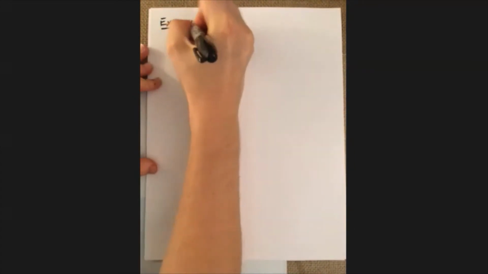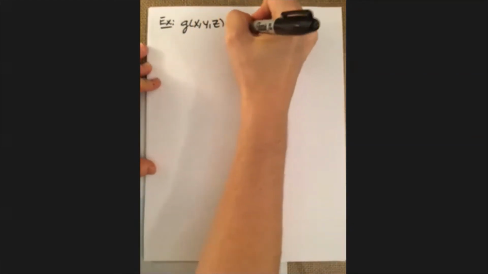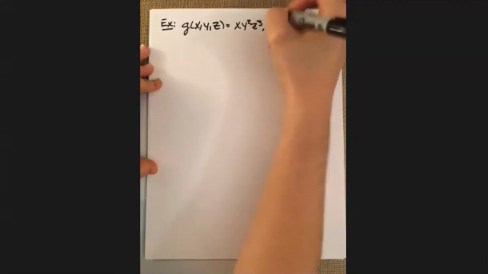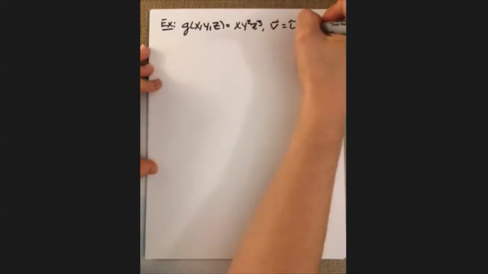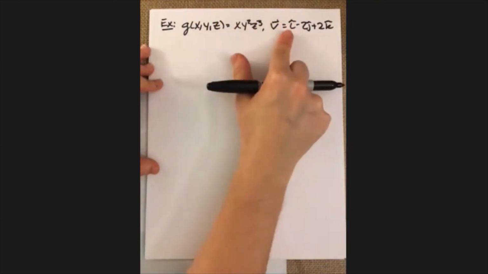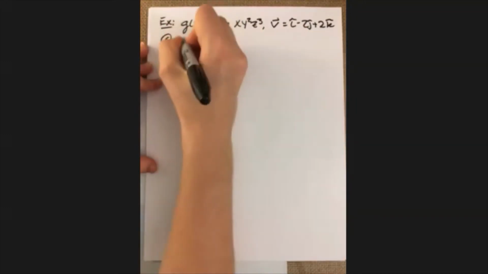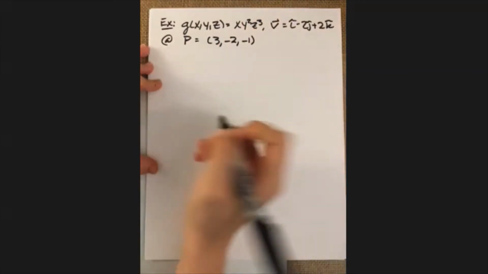Let's do another example. We're going to revisit g of x, y, z equal to xy squared z cubed with the vector i hat minus 2j hat plus 2k hat. We're going to find the directional derivative of g in the direction of v, but this time at the point p equals (3, -2, -1).